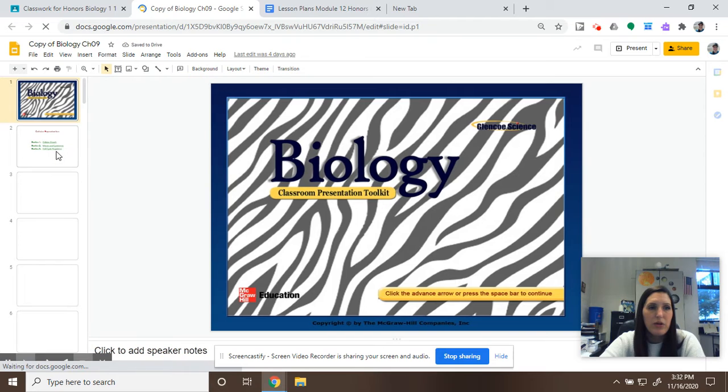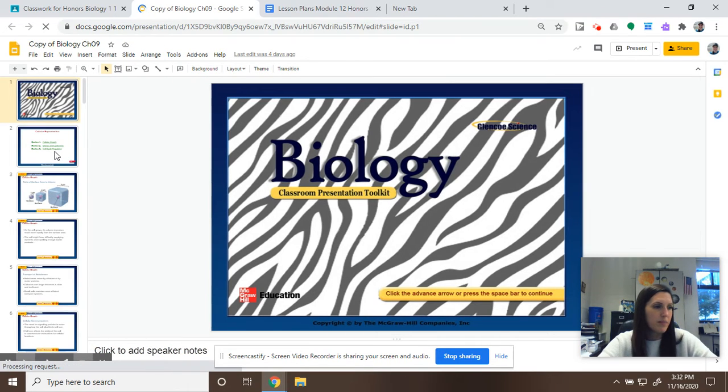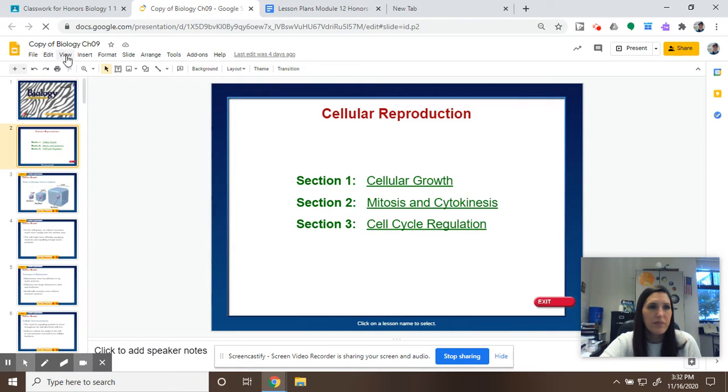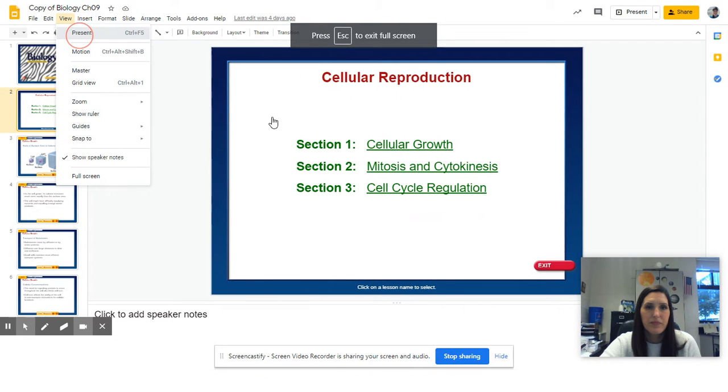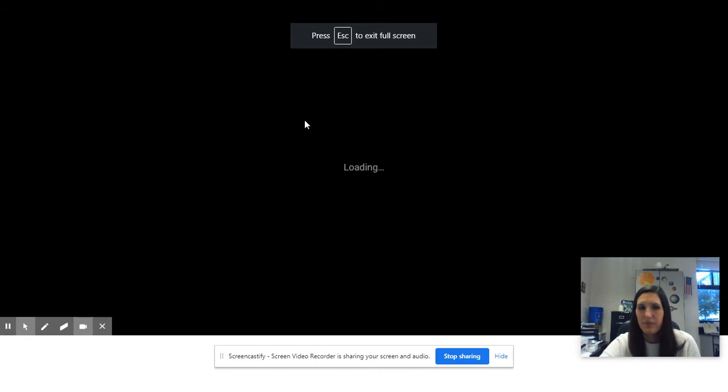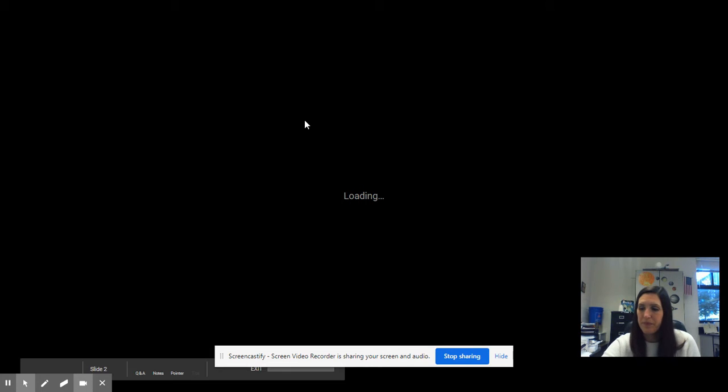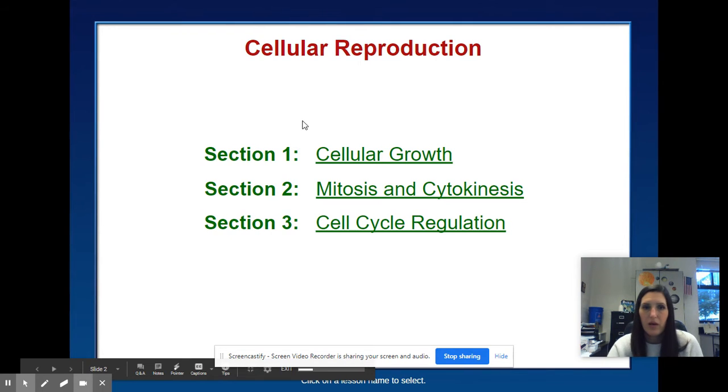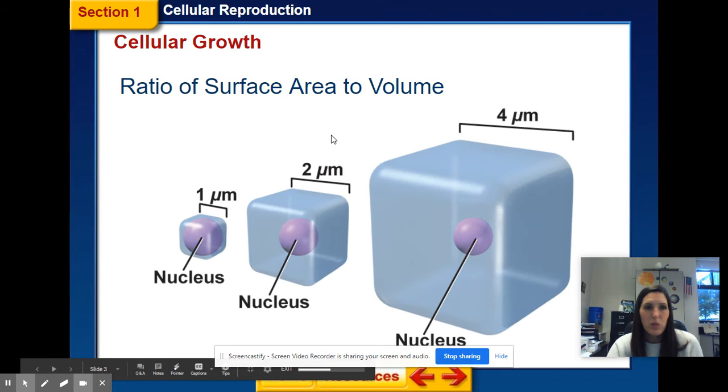Okay, a brand new unit of the cell cycle. This is very much putting things in order, as best I can tell you, and keeping it up in order. Okay, we're just going to do section 1 today.